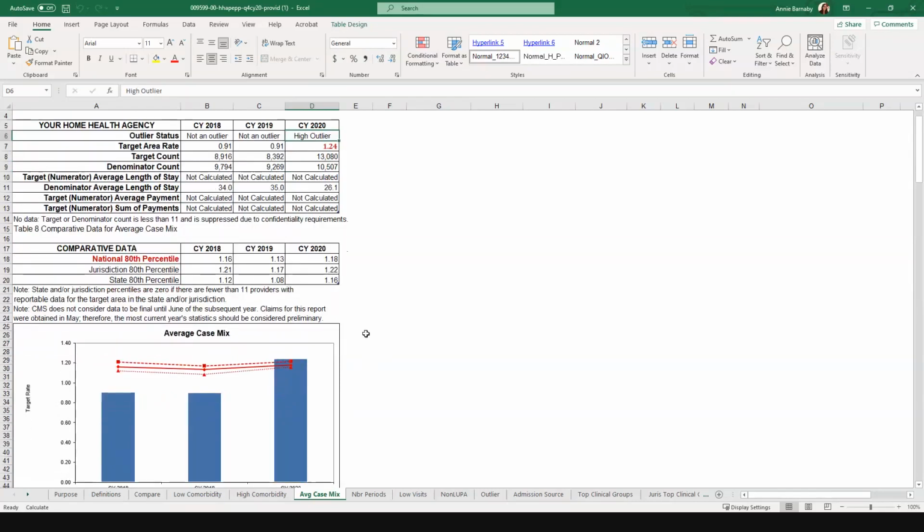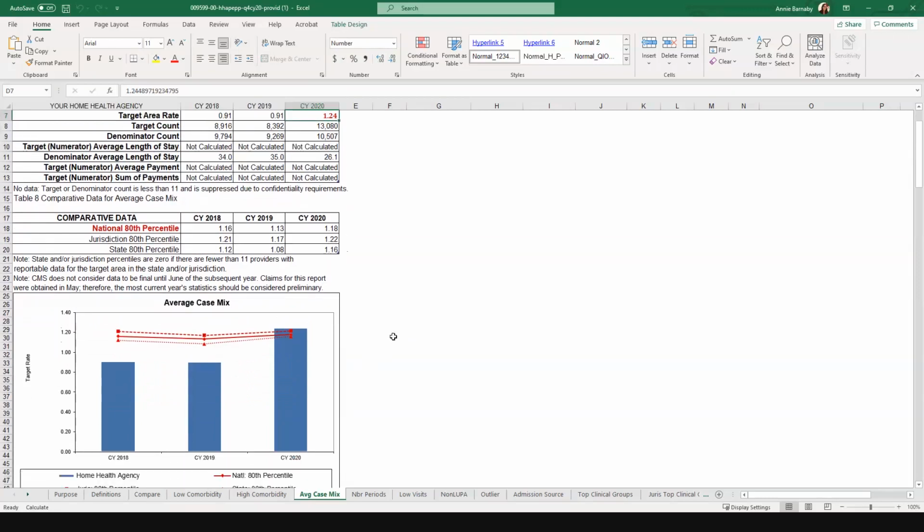And again, you can see the national, jurisdiction, and state rates listed here. And again, we're a high outlier, so we're in bold, 1.24 up here.